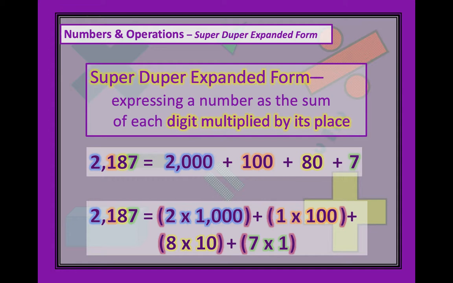The 1 times 100, that's what I wanted for the value of that 1. It can help you keep your work more organized too by making sure you don't mix up one of the multiplication signs, where you're finding the value, with one of the addition symbols, where you're adding those values back together. Multiplication is used to find the value of each digit, and then those values are added back together.